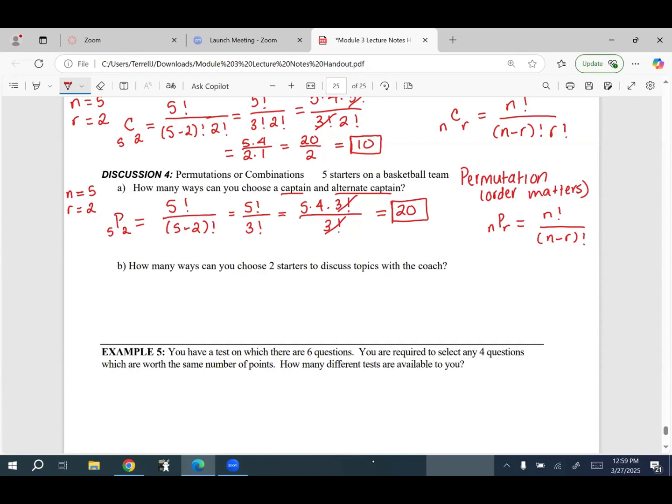If I select person A and person B to be the people to go to the coach, the 2 starters, that's one option, right? If I select person B, then person A, it's still the same 2 people. It doesn't count as any different, right? It's still the same group going. So in this instance, this is a combination. Here, order does not matter.